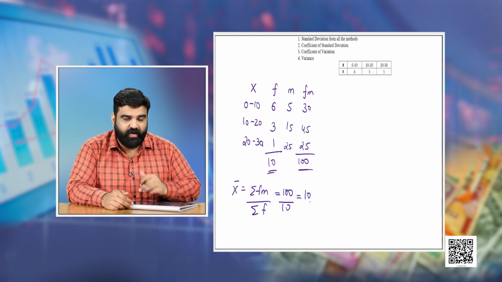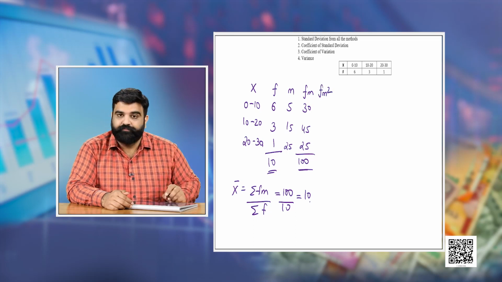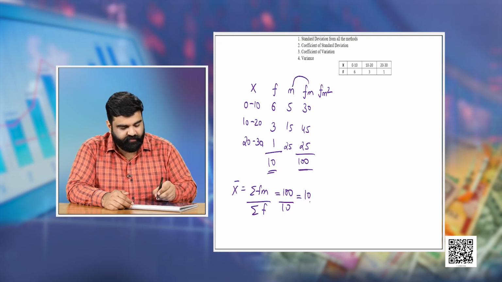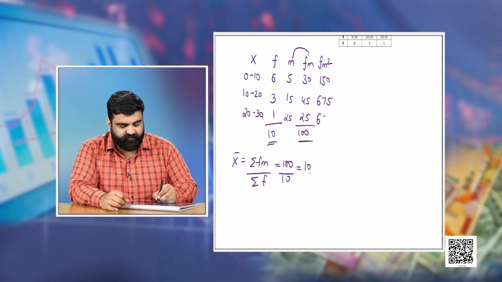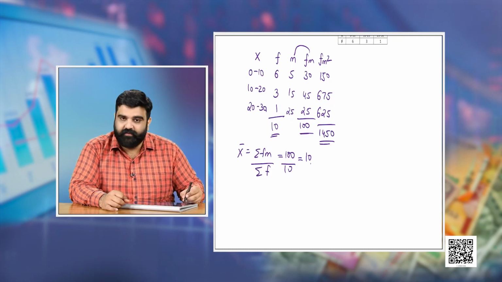Now, for this question we have to calculate Fm square. So, let us multiply Fm with m. So, we have 150. Let us multiply 45 with 15. So, I will get 675. 25 into 25 gives me 625. Let us total them out. I will get 1450 as my answer. Now, let us apply the formula.